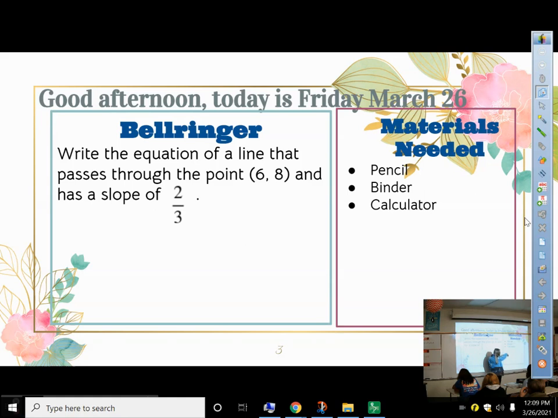Multiply this by the terms, and I got negative 4, I think. Then I added 4 on both sides to cancel that out. So then it'd be y equals 2/3 x plus 4. Okay, awesome.